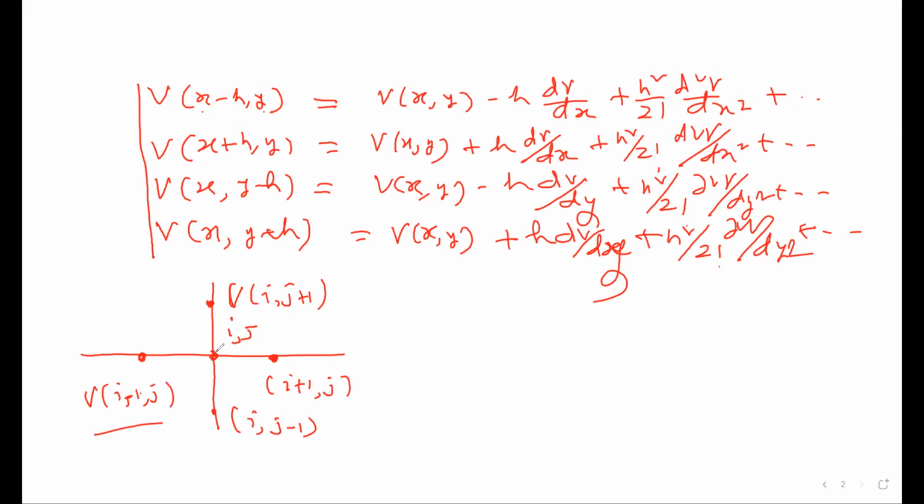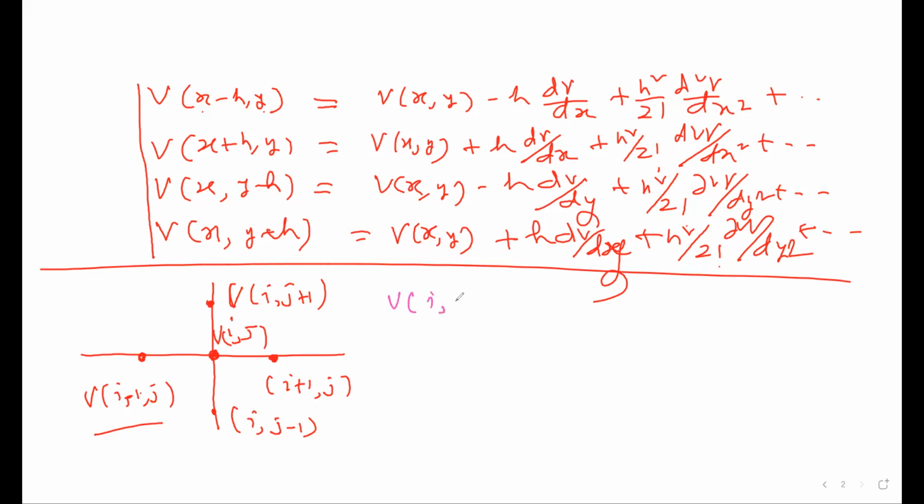So if these points are there, and this is your Vij, and if we add all these equations together, what will happen? You have your four potentials there. Those four potentials are V i j minus 1 plus V i j plus 1 plus V i minus 1 j plus V i plus 1 j.